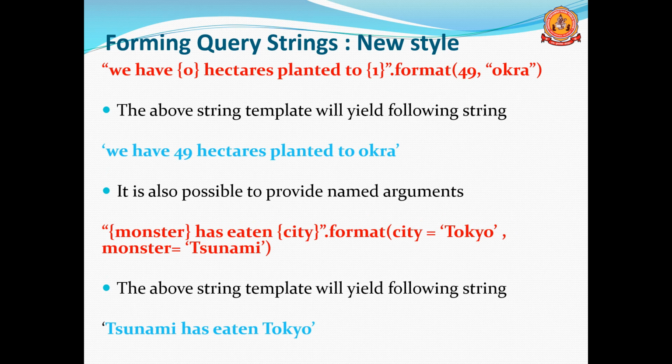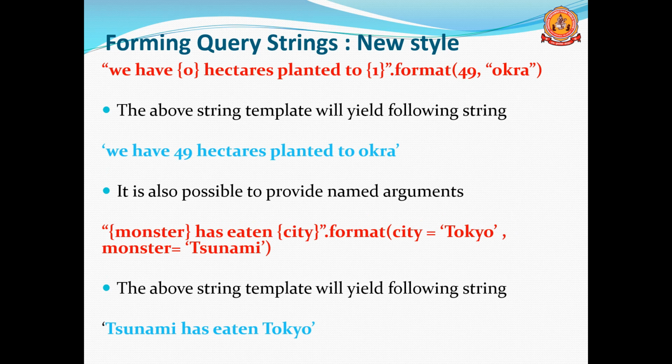Okra is a plant, the lady's finger plant, which we call okra. So we used the format function with 49 and one more string given in the form of okra. What is the output of this one?